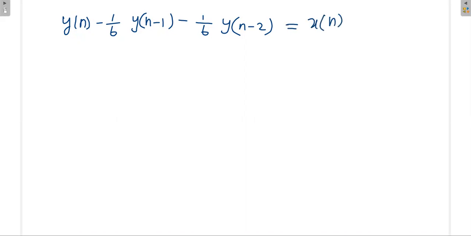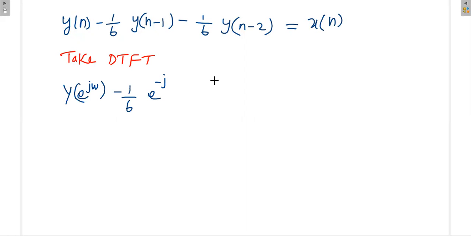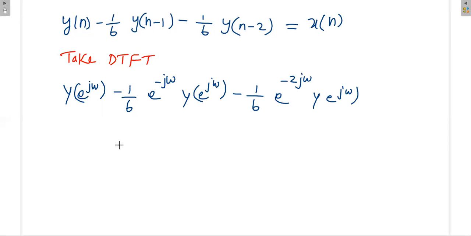Take DTFT on both sides, apply the discrete time Fourier transform. That is Y of e power j omega minus 1 by 6, here shift is there, so e power minus j omega Y of e power j omega minus 1 by 6 e power minus 2j omega Y of e power j omega is equal to X of e power j omega.